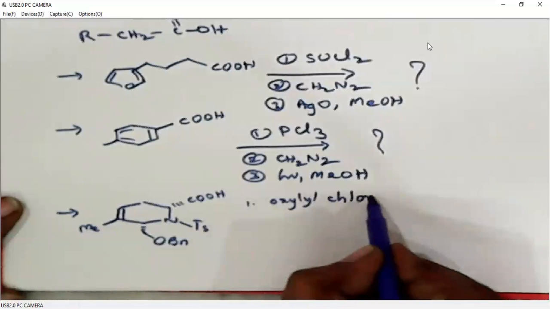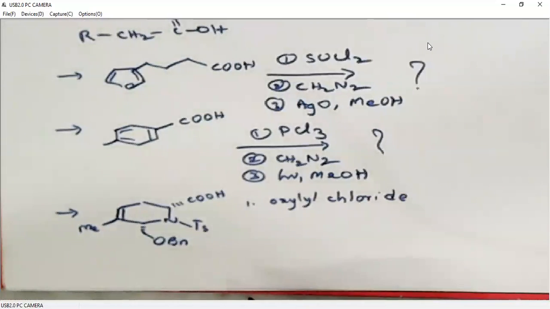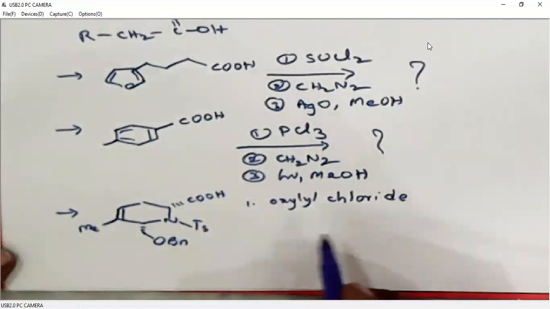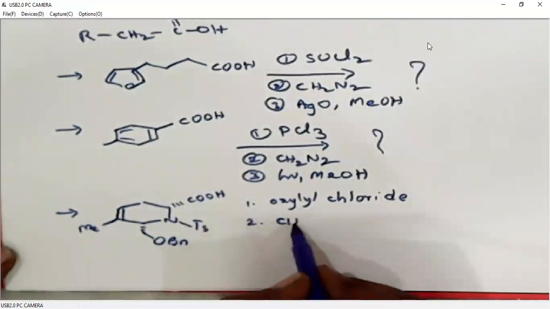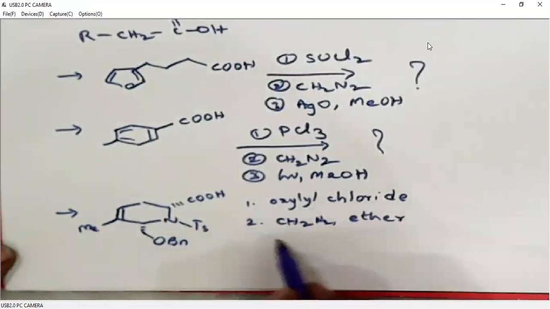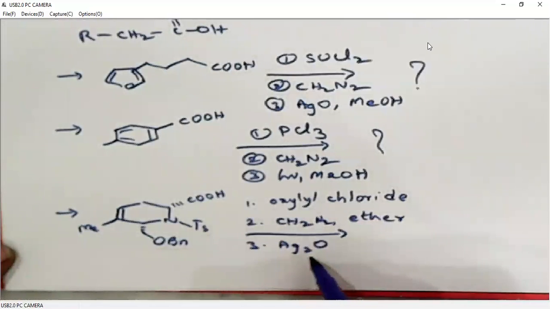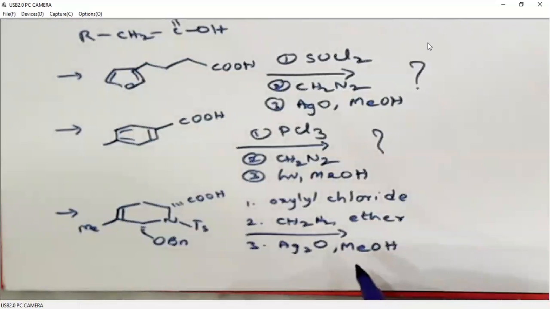You can also convert carboxylic acids into acid chlorides by treating with oxalyl chloride, C double bond O, Cl twice. Oxalyl chloride is the carbon generating reagent, and we are using methanol.